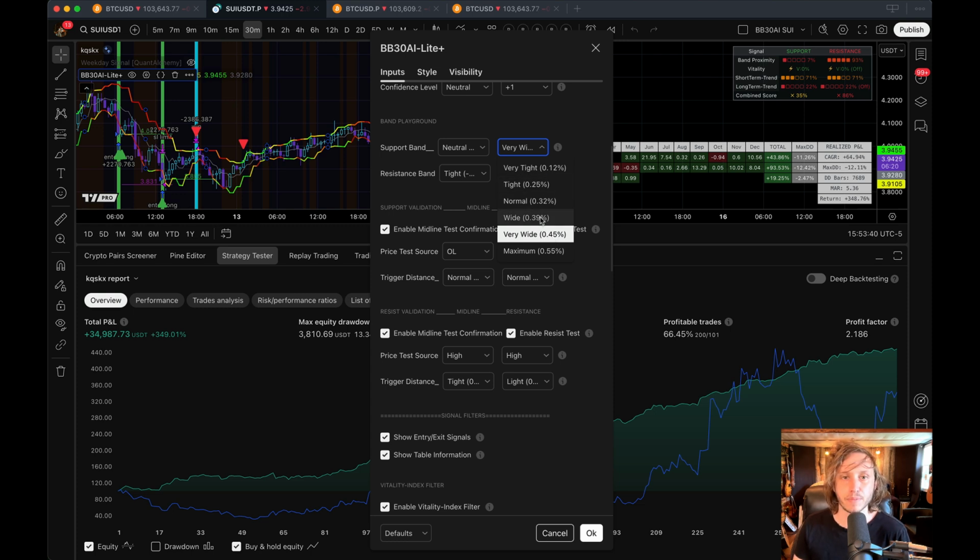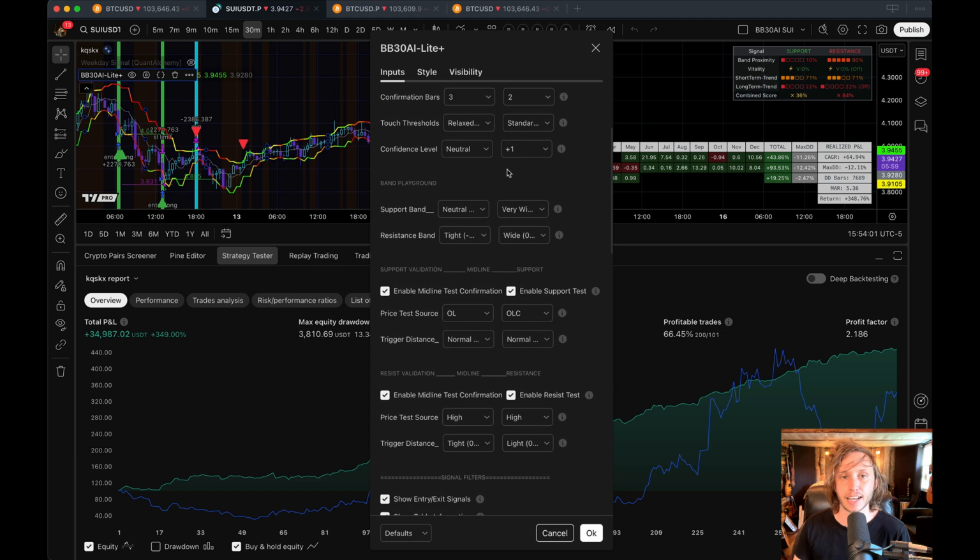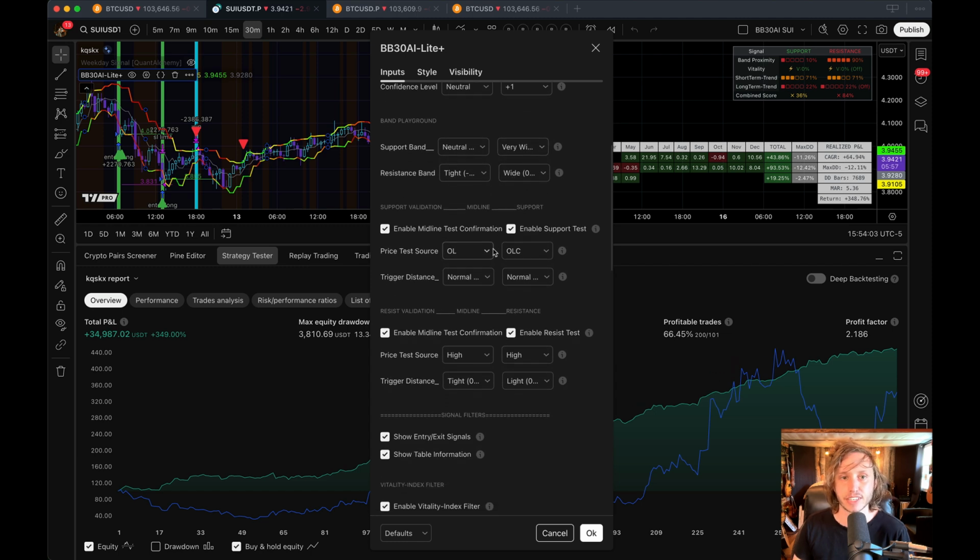Again, all this stuff can be over-optimized, and so I wanted to give users just some general good settings to start with, so you don't have to spend a bunch of extra time trying to change it by 0.01 at a time. These settings right here generally tend to be helpful and useful. So that's the main difference.